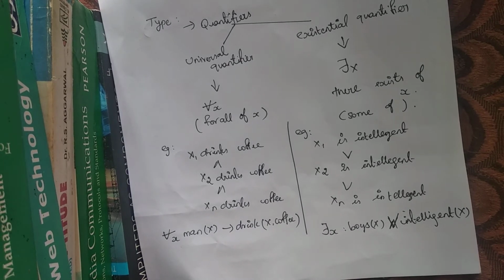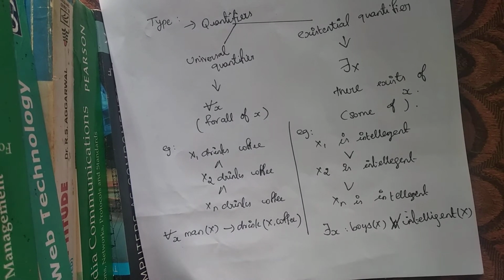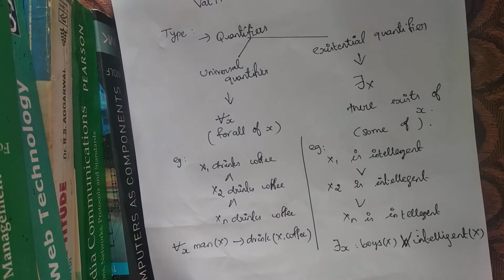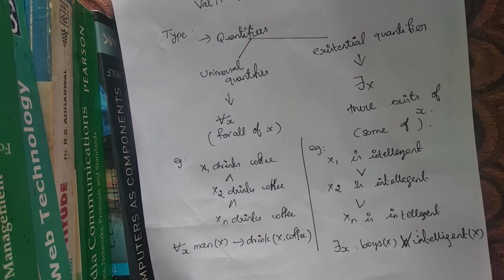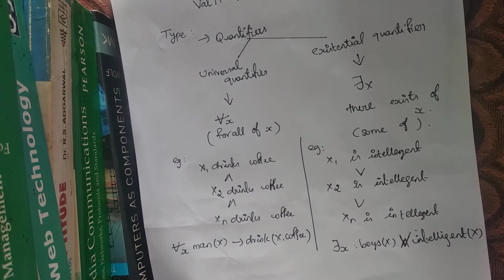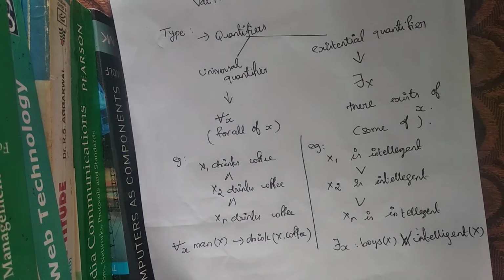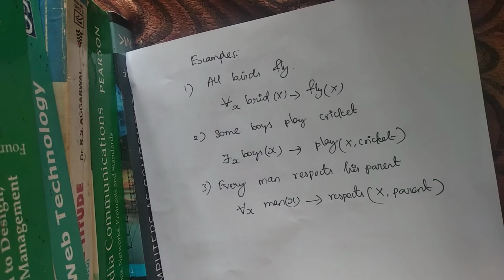So this is the difference between the universal quantifier and the existential quantifier. Hopefully it is clear what logic I am using here. Simply remember that in the universal quantifier we use conjunction, and in the existential quantifier we use the disjunction condition.